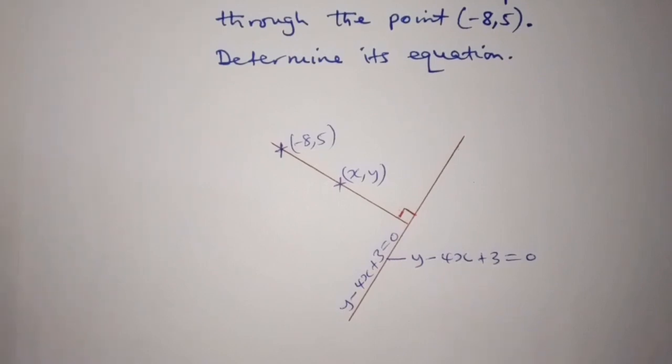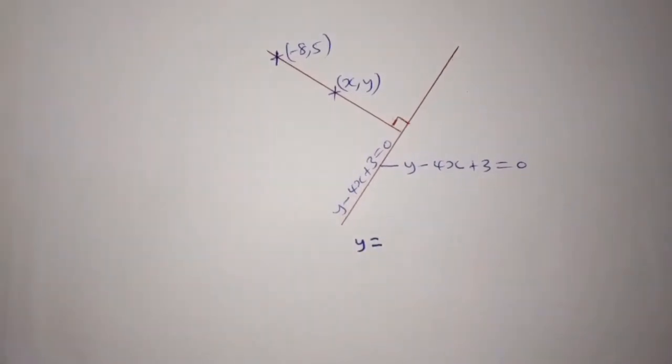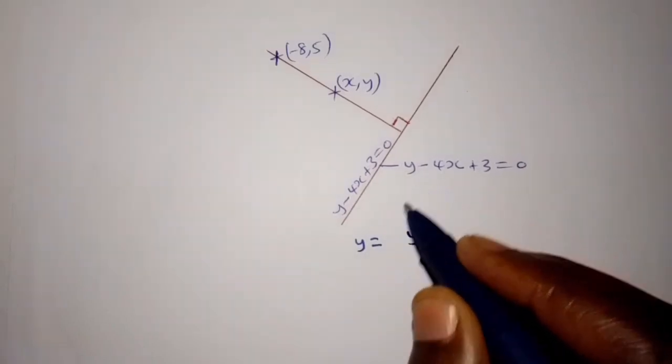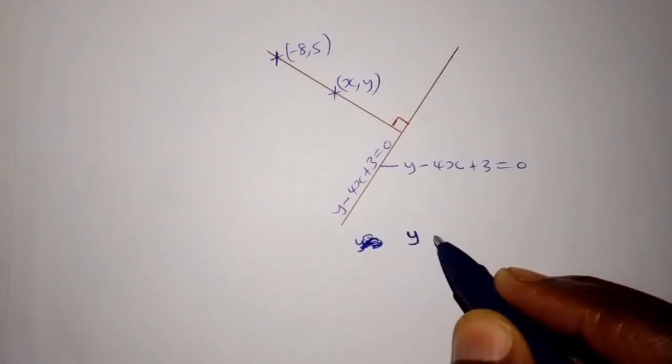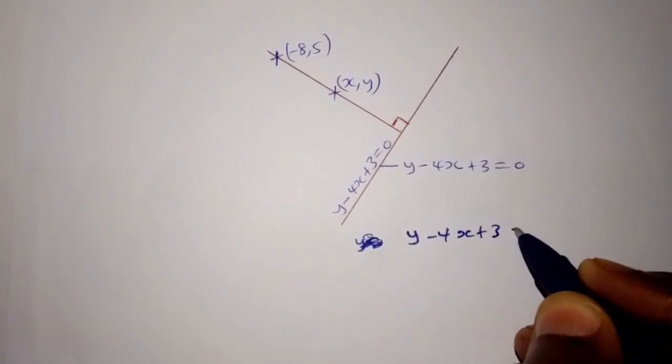So we can simplify this equation. This equation is y minus 4x plus 3 is equal to 0.